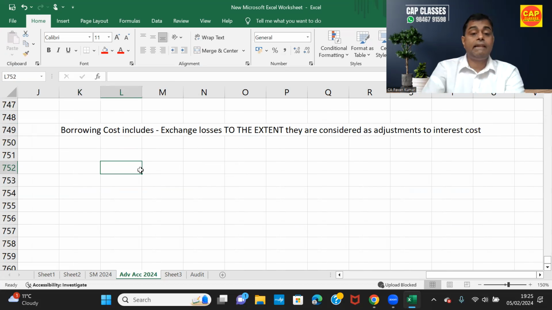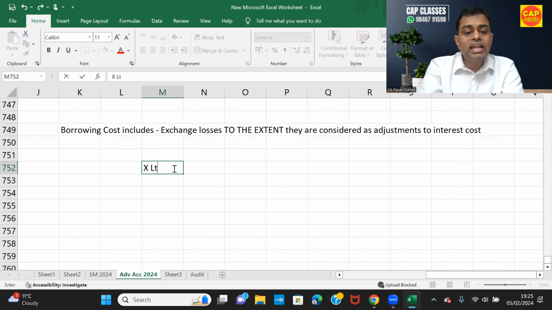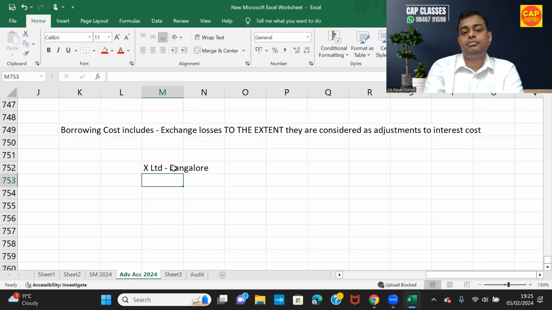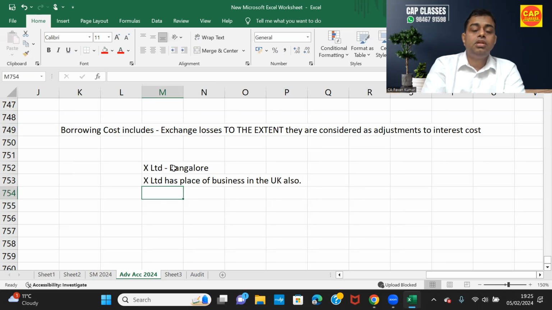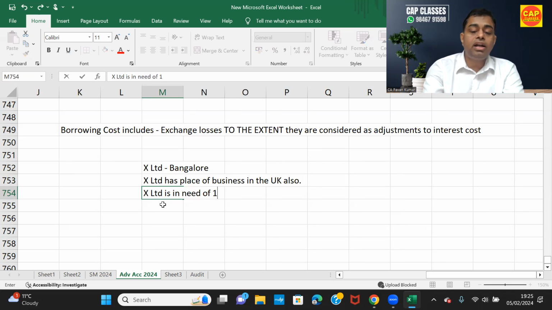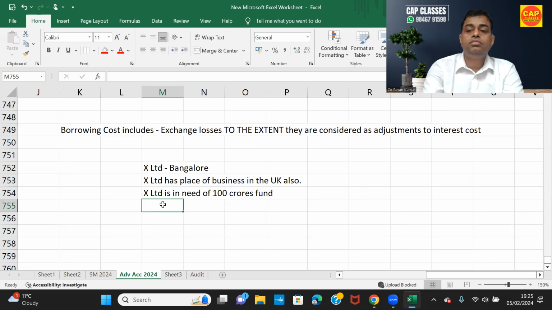Now, there is X Limited having headquarters in Bangalore. X Limited also has a place of business in the UK. X Limited is in need of 100 crores of funds, and they want to borrow this money.